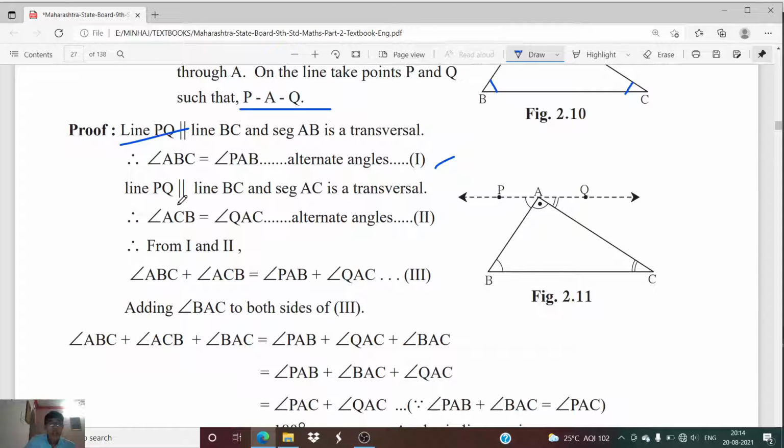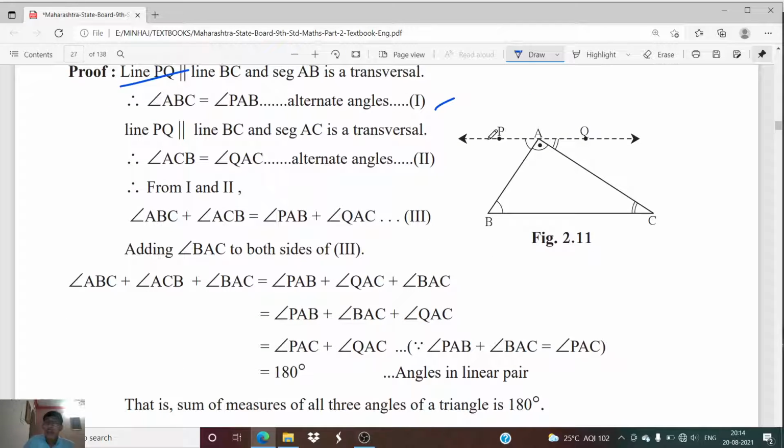Then again I will take line PQ and line BC as parallel lines, but this time I am going to take segment AC as my transversal. Now in that case, angle QAC and angle ACB are equal to each other.